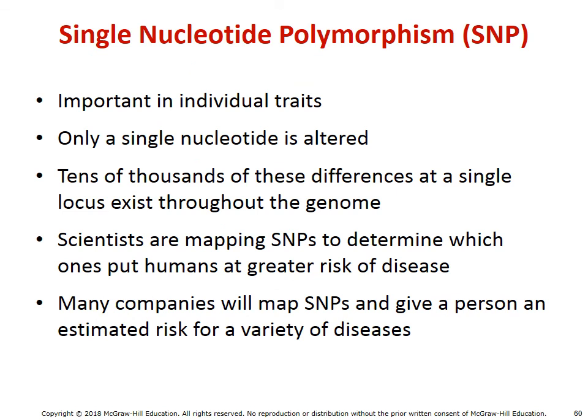So the next thing I want to talk about are single nucleotide polymorphisms, or SNPs. These are important changes in a genetic code that allows for a specific trait to exist. And so the idea is, by studying SNPs, or single nucleotide polymorphisms, we can learn a lot about how changes happen genetically, and basically allow us for an understanding of how diseases can develop.